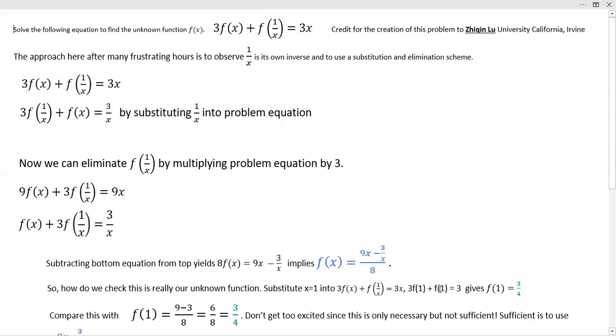That would be 4f at 1 equals 3. And so you get f at 1 equals 3/4. Okay, f at 1 equals 3/4. Now, that's just substituting into the original equation, okay? Without even having found the solution to this thing, if you substitute 1 into the original equation, we find that f at 1 equals 3/4.